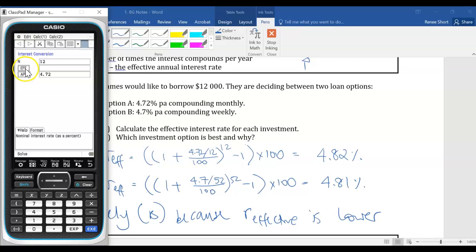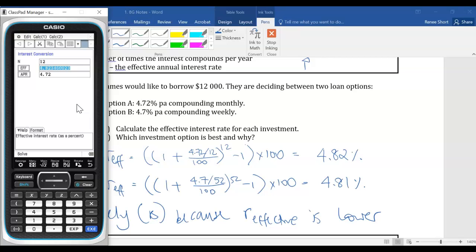And then you can take your cursor or you can tap and press on that EFF box, and it'll solve that for you, and we get that 4.82% that we found before. In a much faster process, I hope you agree.